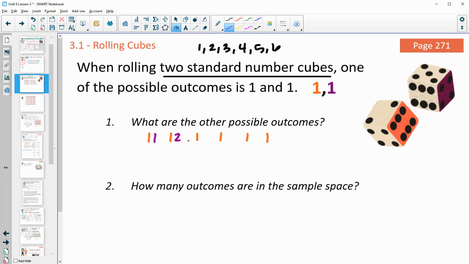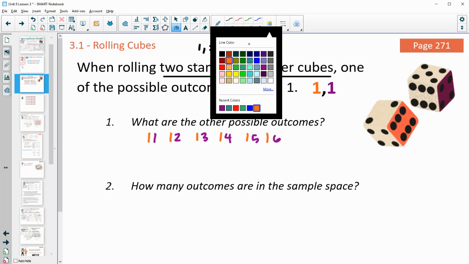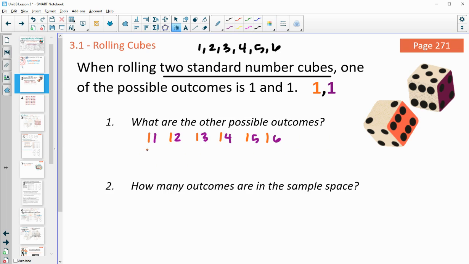And then I listed out all of the options for the second cube. So 1, 2, 3, 4, 5, 6. And those are all the options if my first die was a 1. Then that could happen again when I roll a 2. So if I rolled a 2 on the first die, I could have rolled a 1 through 6 on the second.